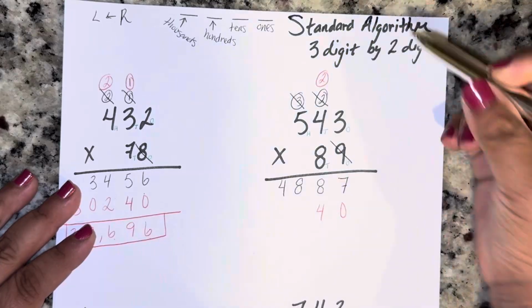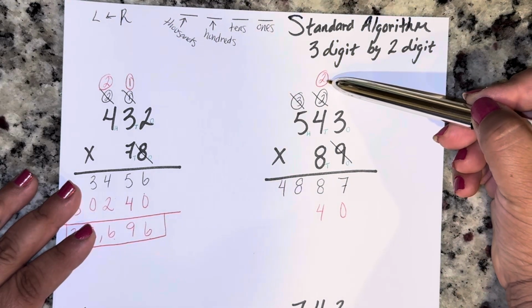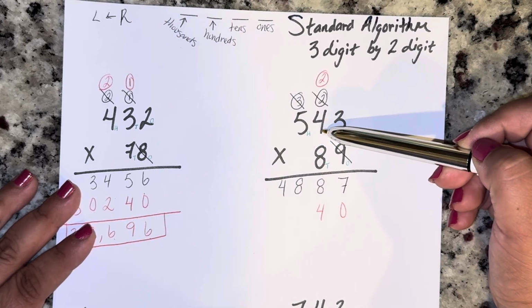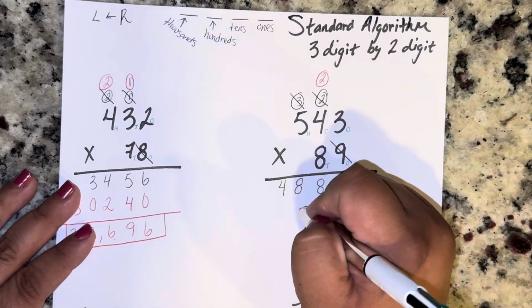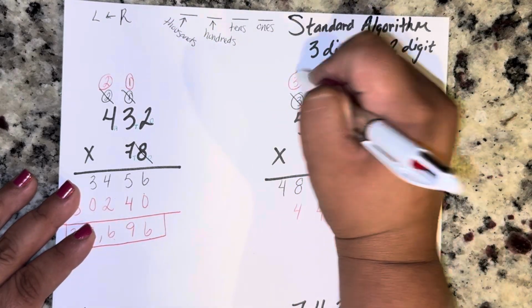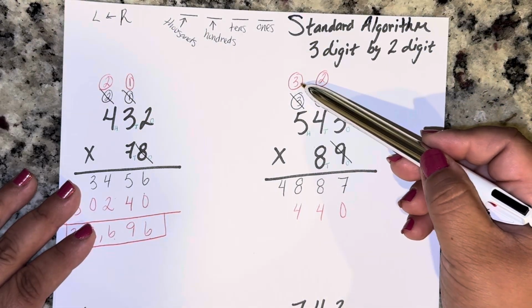I will go ahead and circle my 2 to indicate that I need to add it once I get to that point. Now 8 times 4 is 32, plus 2 is 34. I'm going to bring my 4 down, regroup my 3, circle it to indicate that I need to add it once I get to that point.